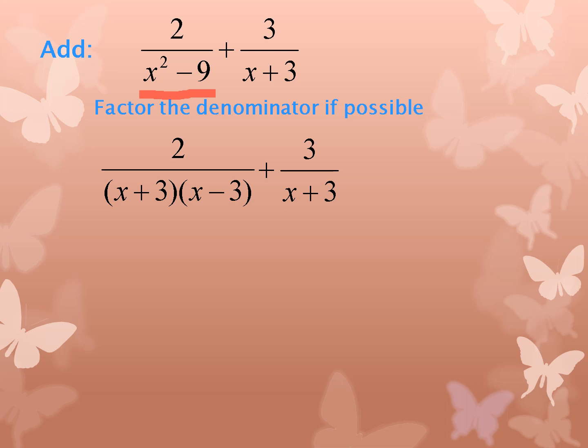So when we're getting the common denominator, we do not list this one twice because we have x plus 3 and x plus 3. If we didn't have that x minus 3, we would say, oh, it's x plus 3. But because we have that x minus 3 component, my common denominator is going to be x plus 3, x minus 3.